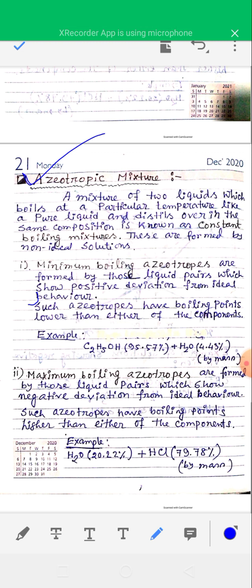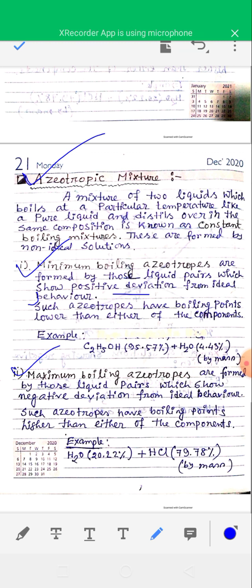There are two types of azeotropic mixture or constant boiling mixture. One is minimum boiling azeotropes and the other is maximum boiling azeotropes. Minimum boiling azeotropes are formed by those liquid pairs which show positive deviation from ideal behavior, and such azeotropes have a boiling point lower than either of the components.